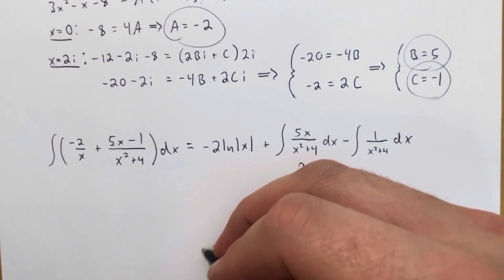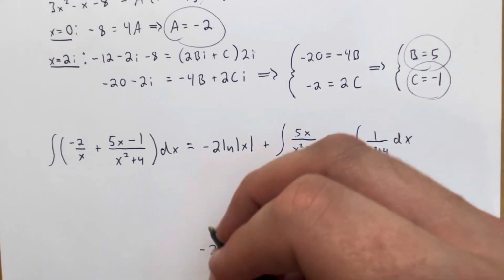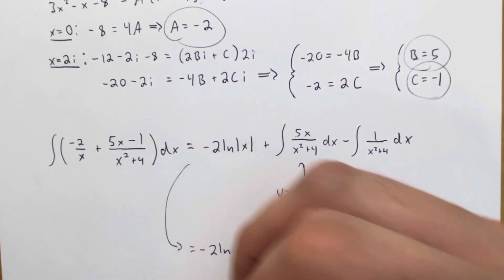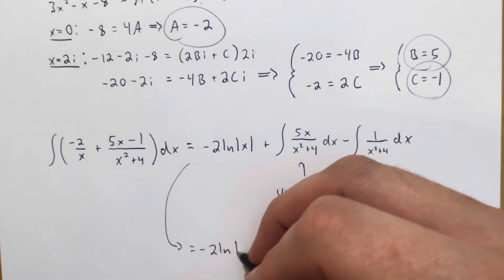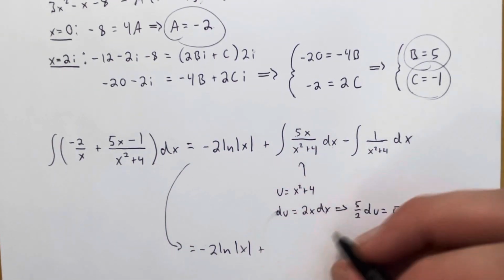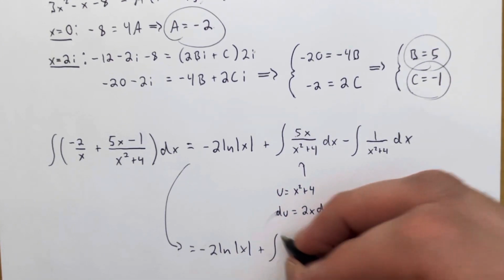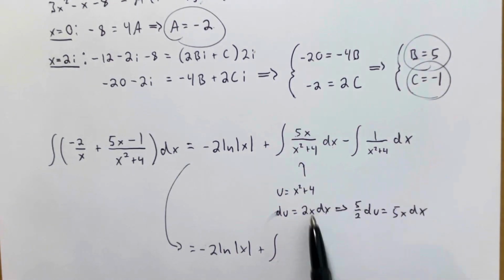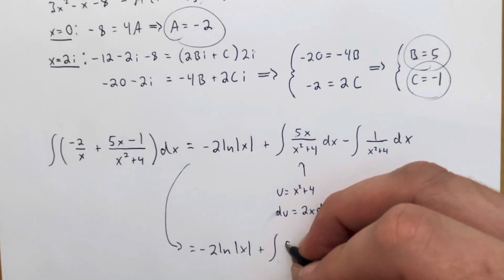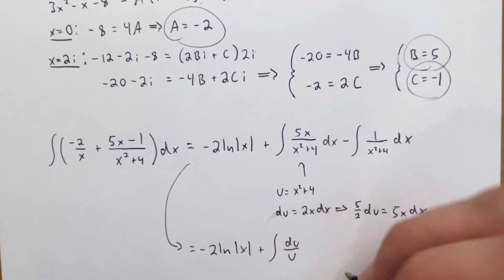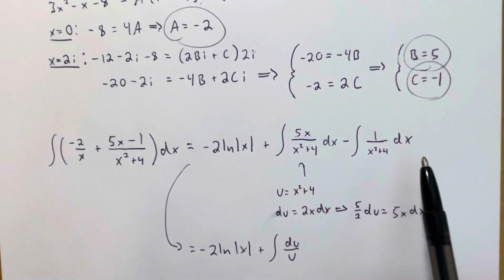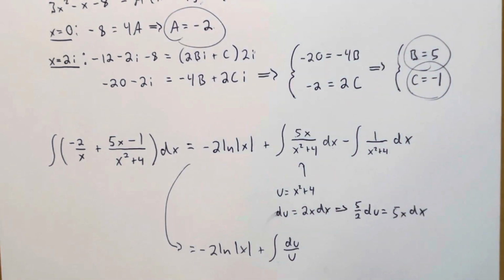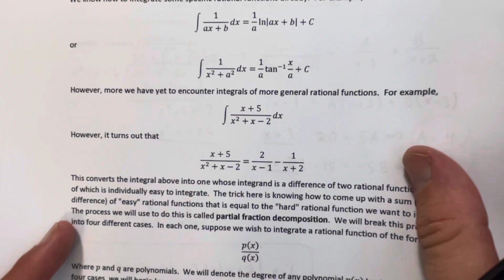Okay, so now what we end up with is -2 natural log of the absolute value of x, plus, let's do the u substitution, I'm going to get du over u here. And then this guy, this is easy to integrate because it's of this form, coming back over here.